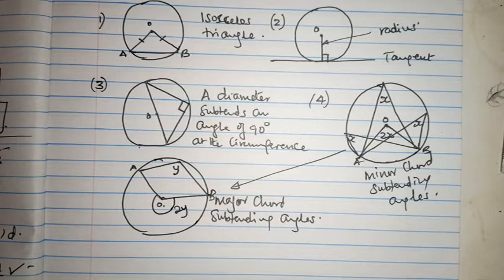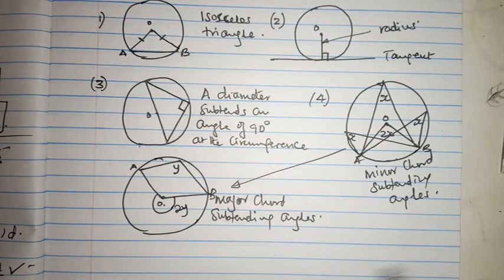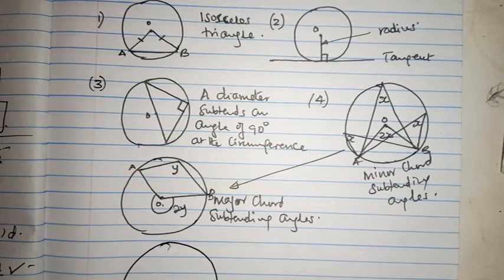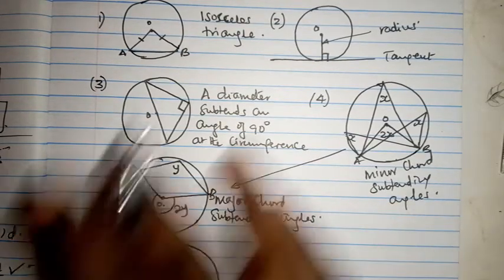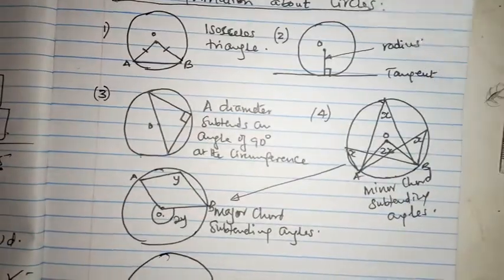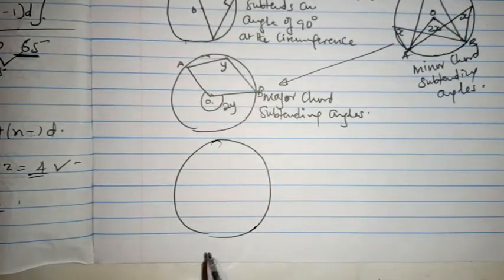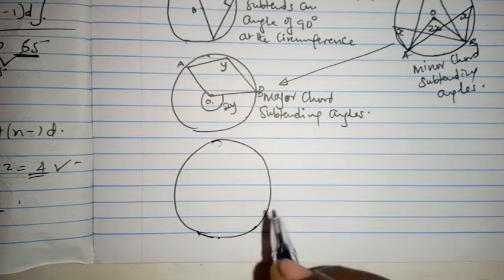Having said that, of course, we need to remind ourselves about cyclic quadrilateral. And under cyclic quadrilateral, we have something like this.